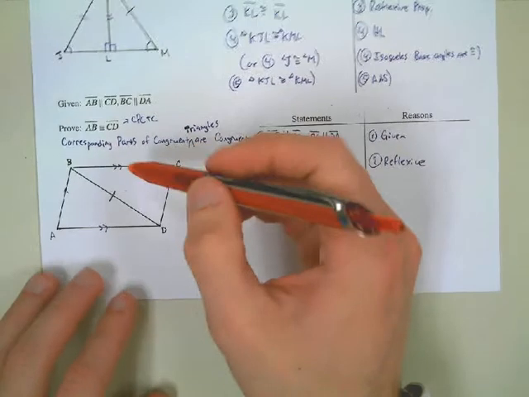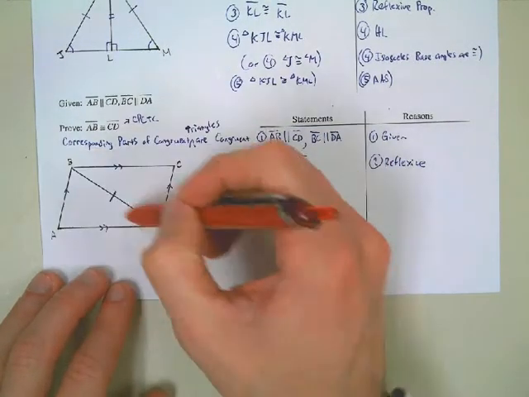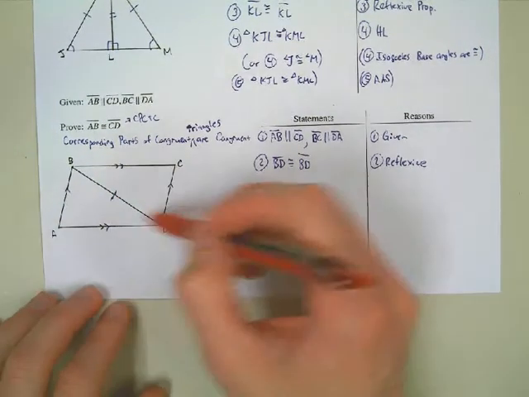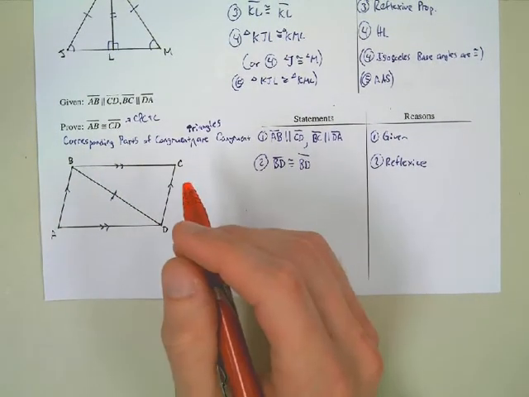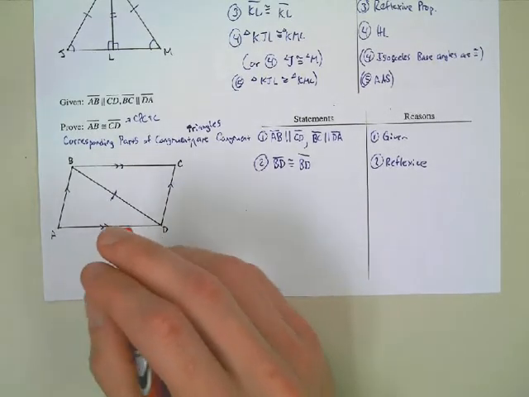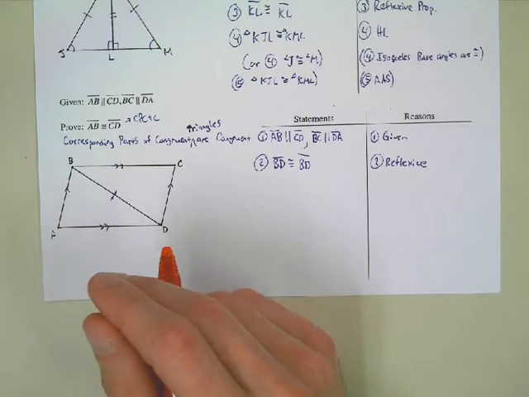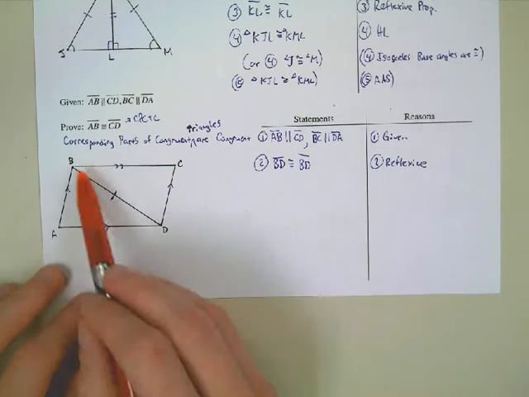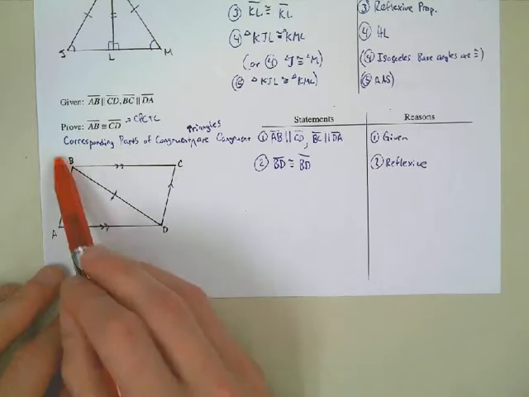So remember when we had parallel lines cut by a transversal, we created some congruent angles. We had different angle relationships, like alternate exterior, alternate interior, co-interior, corresponding, all that kind of stuff. With the way our picture's drawn here, if this is parallel to this, we have a transversal here. What kind of special angle pair do we have?